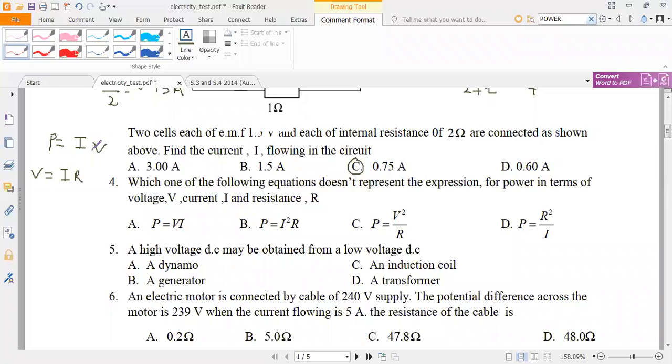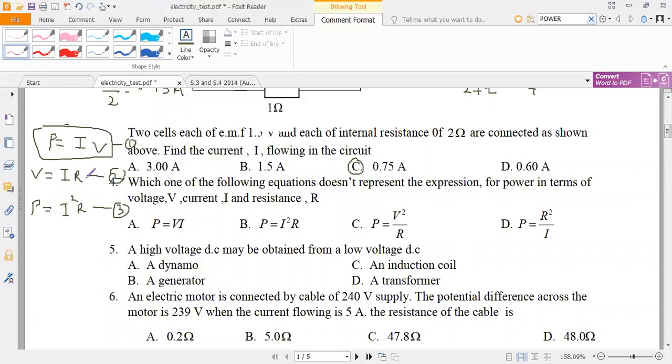If we substitute for V in equation 1, the equation of power, and let me call this equation 2, if I substitute 2 in 1, I will end up having power is given by I squared R. So this is another way in which we can write power.